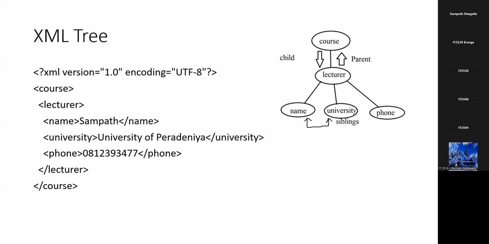Basically, in this particular case, we start with the course, right? And then we have the lecturer. So I told you already, this will represent the parent when you go to the top, and when you go to the bottom, you have lecturer. And within the lecturer, we have name, university, phone. These are similar levels, we normally call siblings.